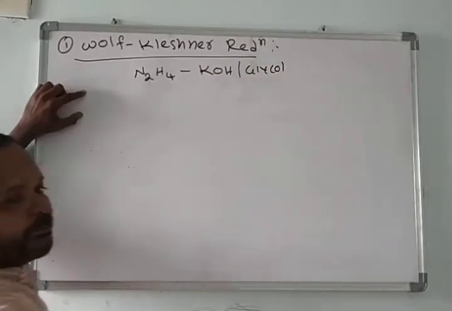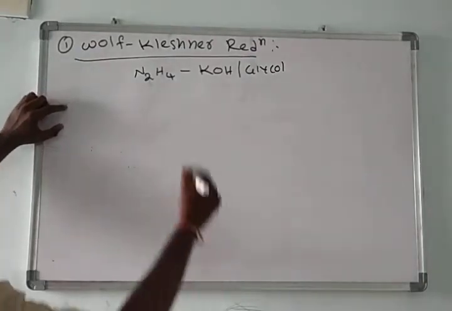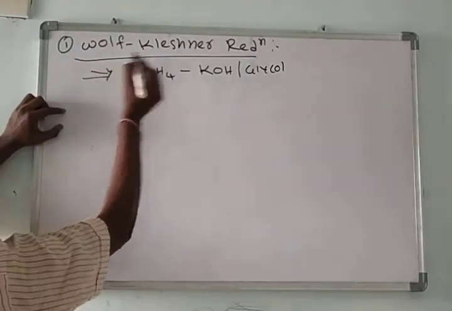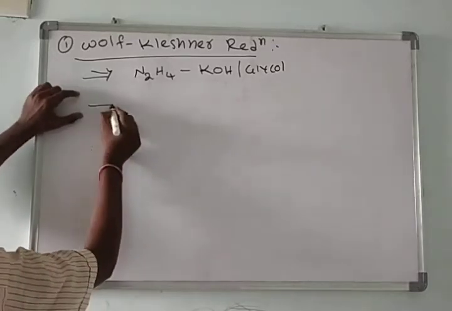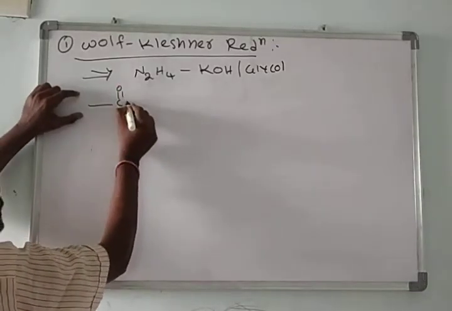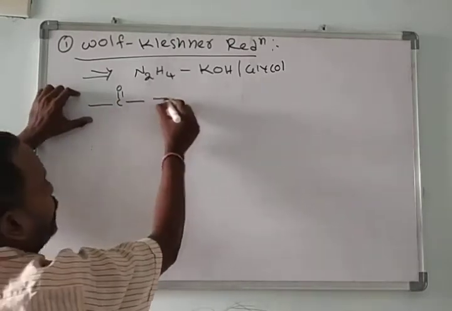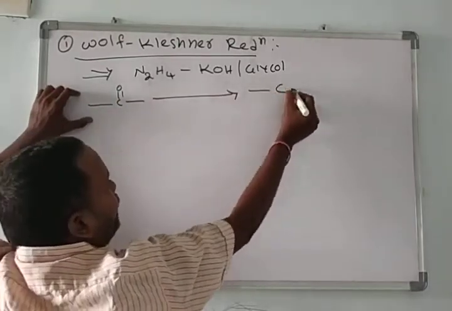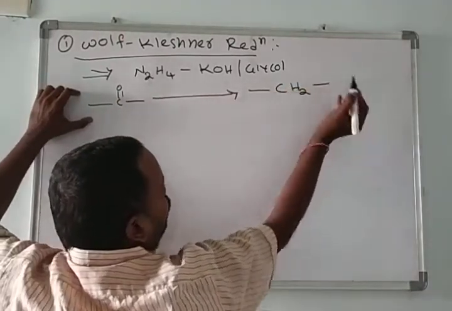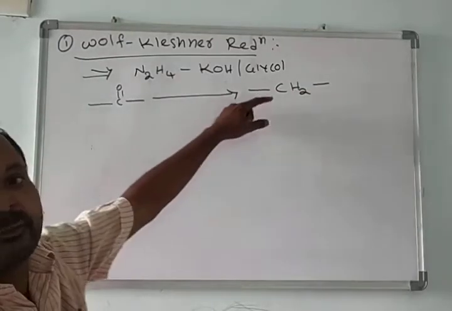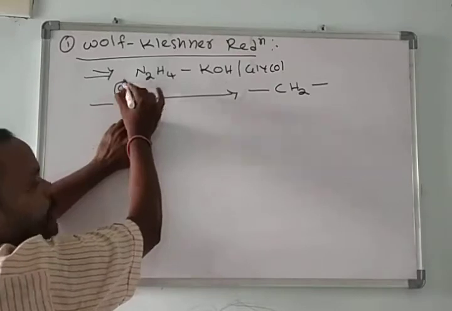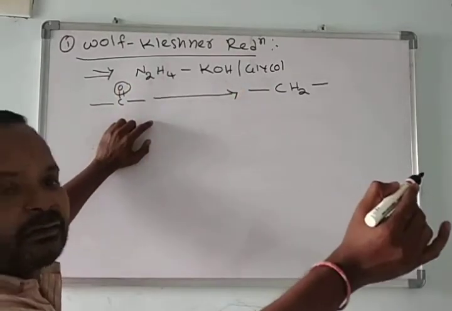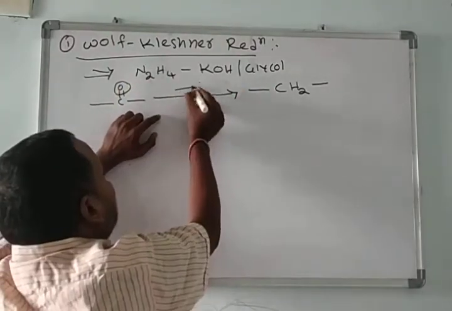In some books it may be mentioned as ethyl alcohol also. This is one of the reducing agents. Here the C double bond O functional group, the carbonyl functional group, converts into CH2. Oxygen will be removed and hydrogen will be added.